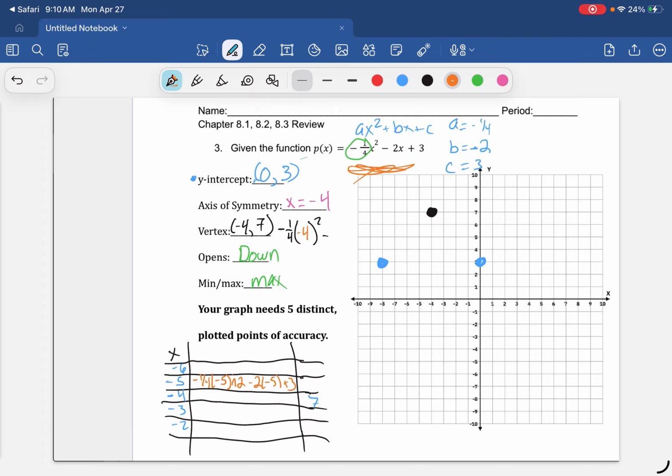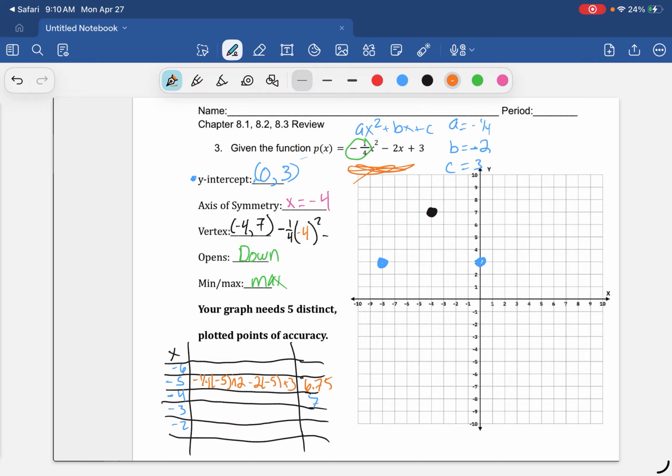Now, I apologize in the background, the light in my room just went off, so I couldn't see my calculator. So I would type -1/4 times (-5) squared minus 2 times -5 plus 3, and I get 6.75.